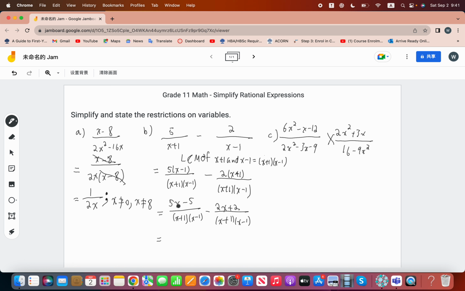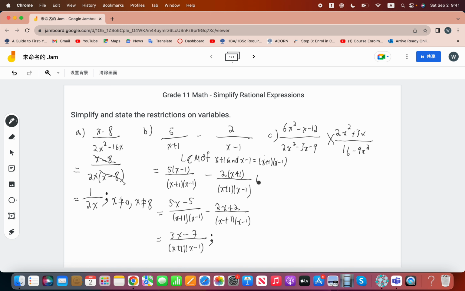This equals, now I'm going to simplify the top of the fractions. So it's going to be 3x minus 7 over x plus 1 times x minus 1. Now I'm going to state the restrictions of question B. For stating the restrictions, I refer to this row.